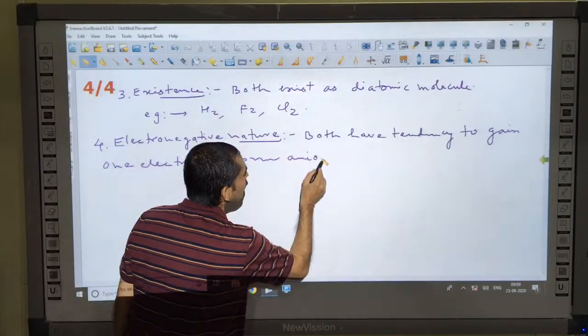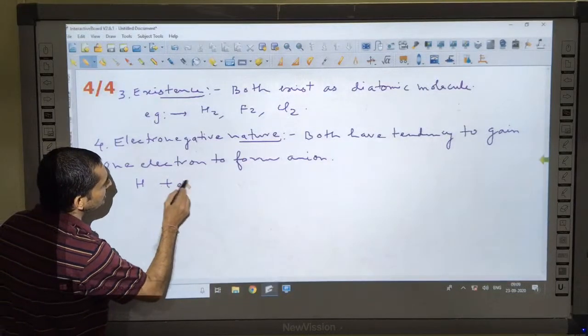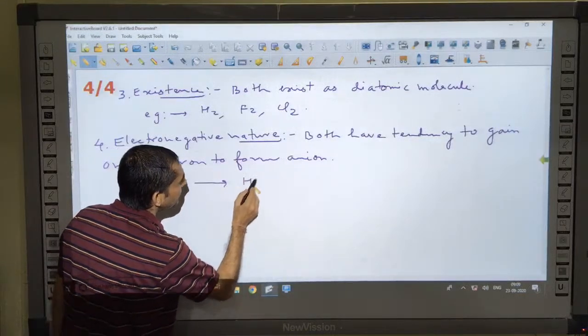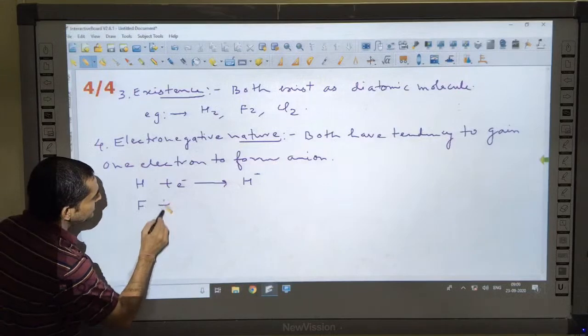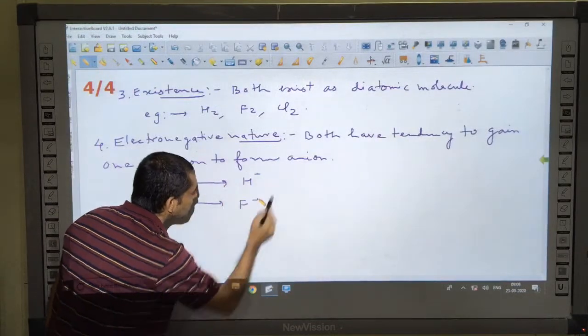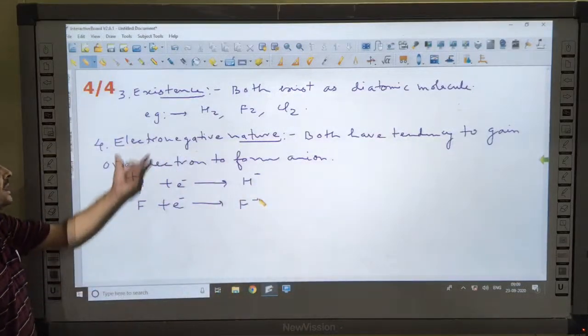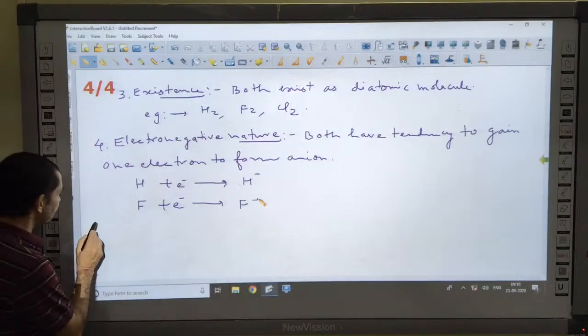You can see hydrogen gains one electron and forms an ion, H negative. Similarly, fluorine gains one electron and forms F negative. The formation of this negative ion indicates electronegative nature. Clear?